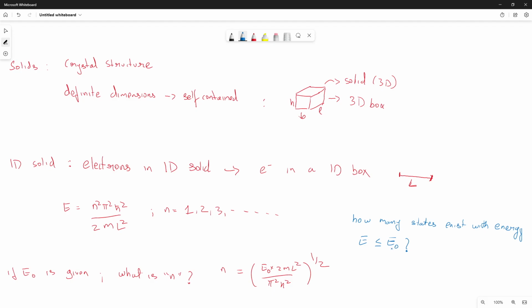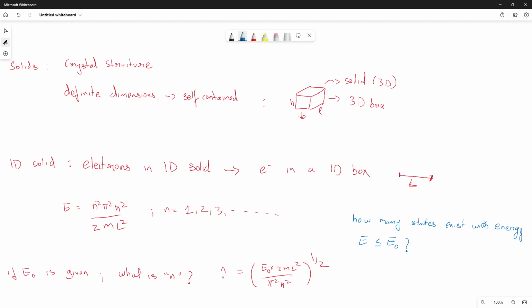In the formula of n, where E naught is there, we'll put E naught value, and from that we calculate the value of n. And in the formula of E, we will put the value of n and calculate the capital E value. No, then I will get back E naught. That just becomes the opposite, but you're close.